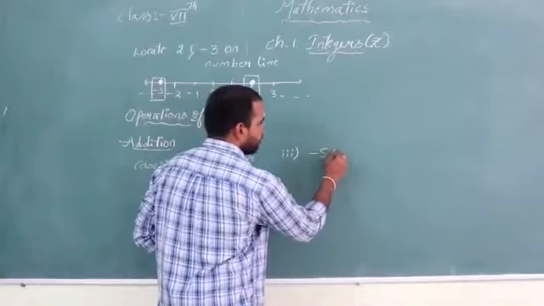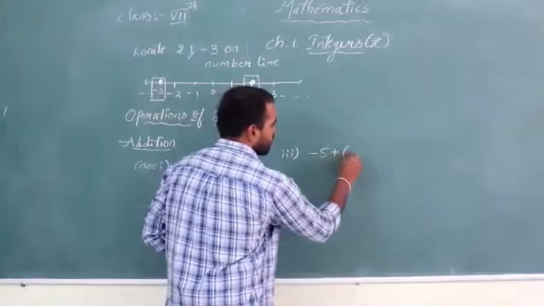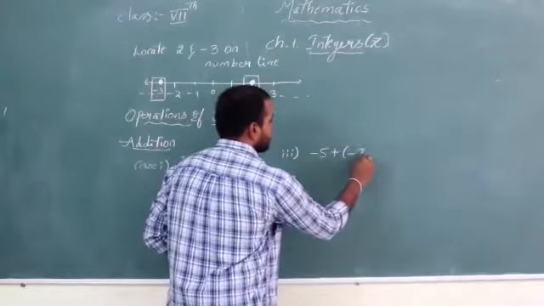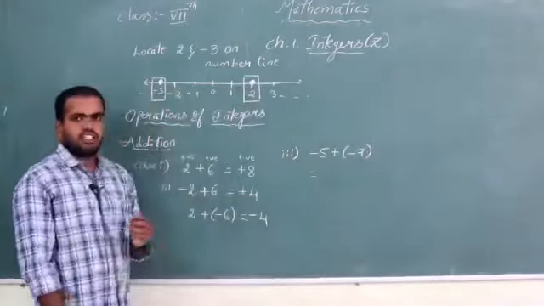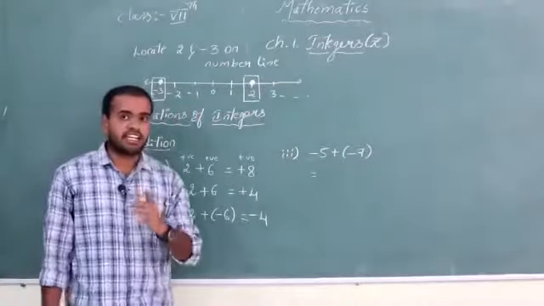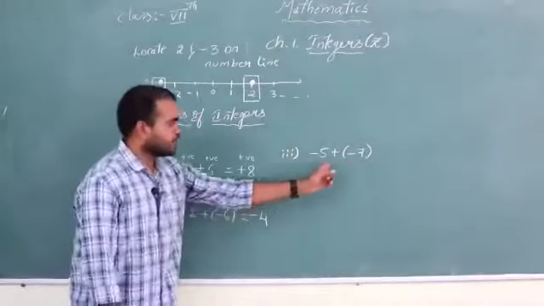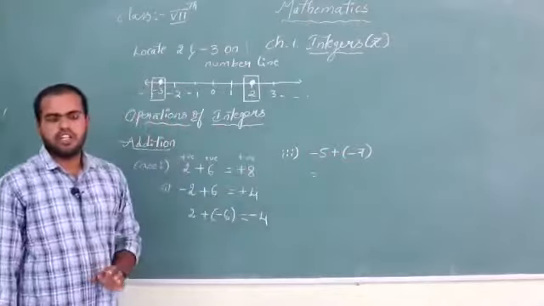If you are adding two negative numbers, let's take minus 5 and minus 7. Both are negative numbers, and I am adding them. How to add?